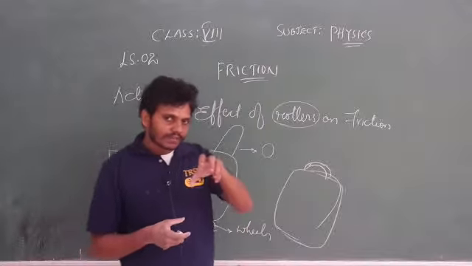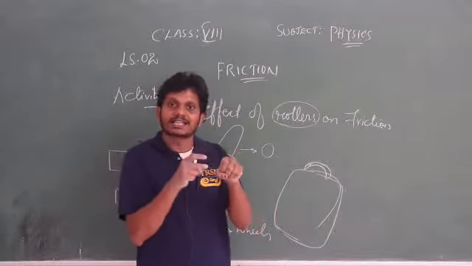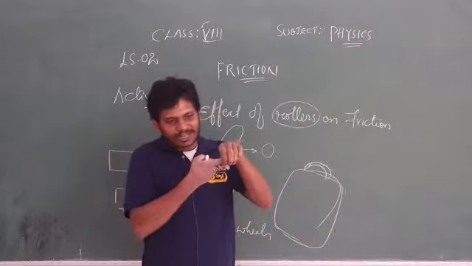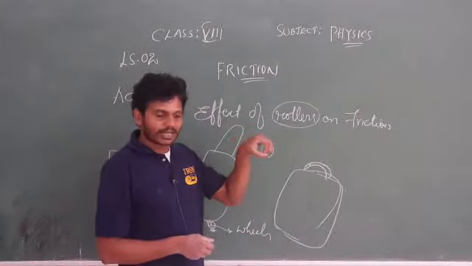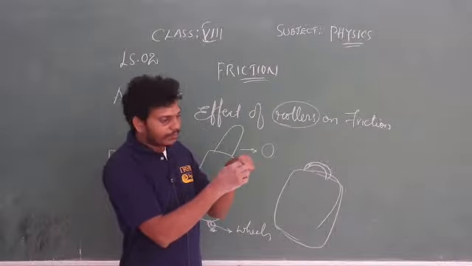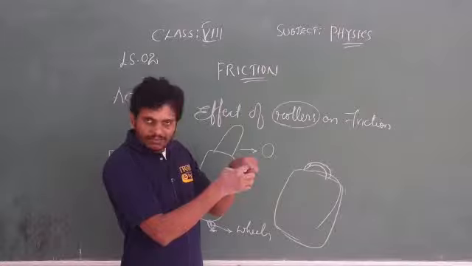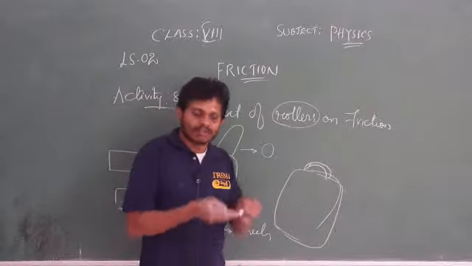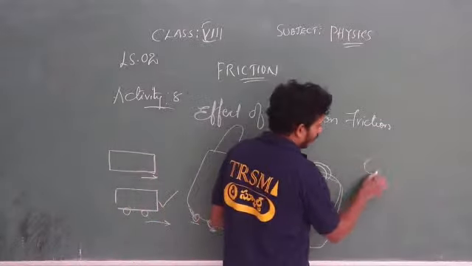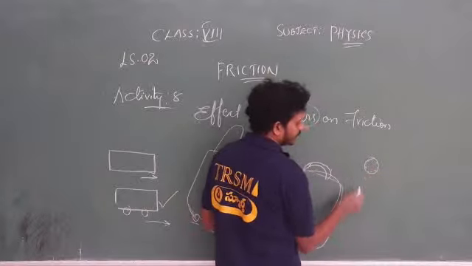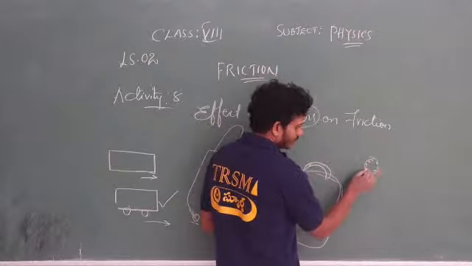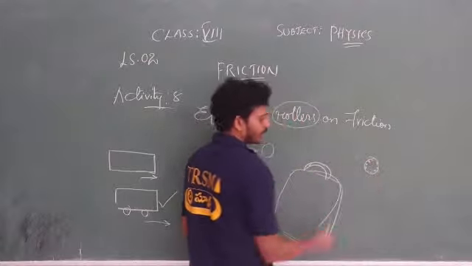If you observe the center, where the axle is, between the axle and the wheel, this mechanic will apply some grease around this, and he inserts ball bearings, metal balls.